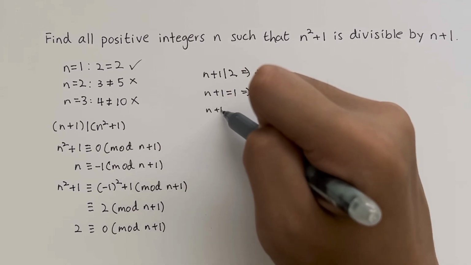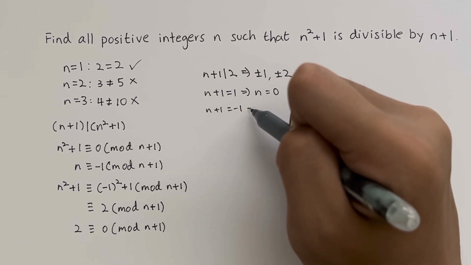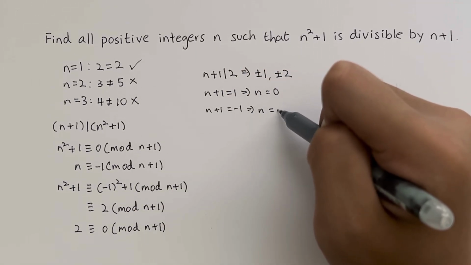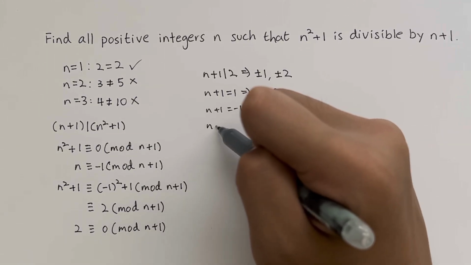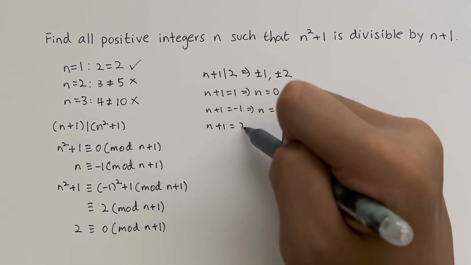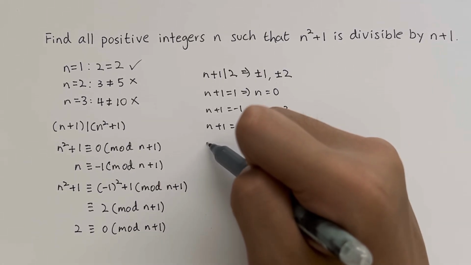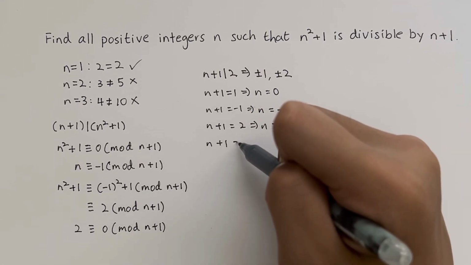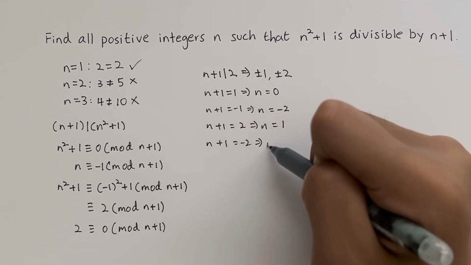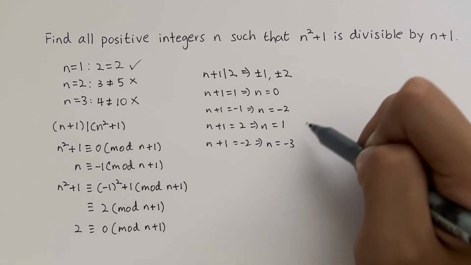N plus 1 equals -1, n equals -2. N plus 1 equals 2, n equals 1. N plus 1 equals -2, n equals negative 3.